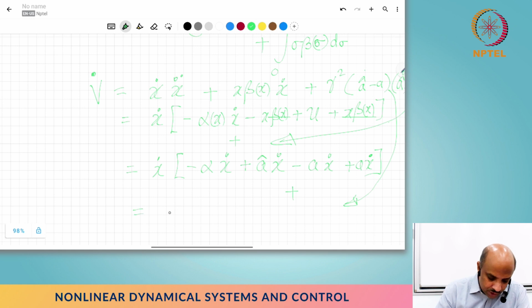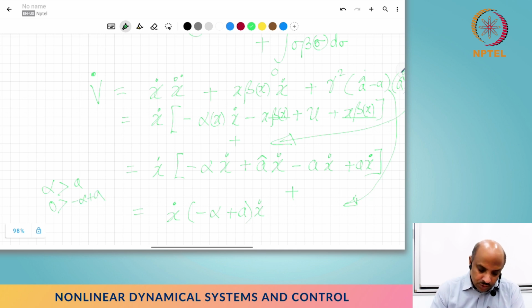So I'm going to get x dot times minus alpha plus a, okay, which we know is less than 0. Why? Because alpha is greater than a, so 0 is greater than minus alpha plus a. Okay. So plus something to do with a hat minus a times x dot square plus this gamma square a hat dot times a hat minus a.